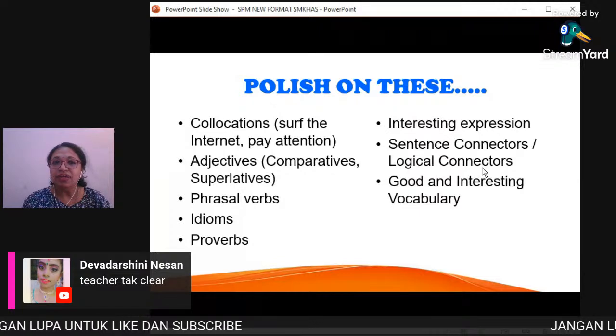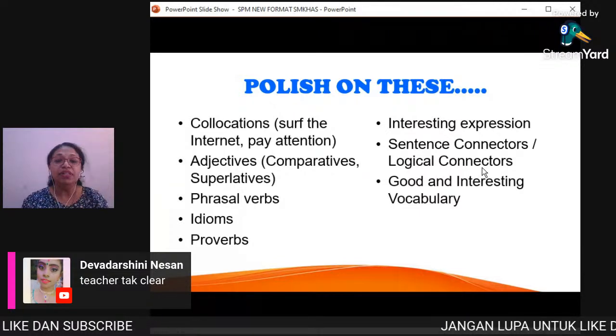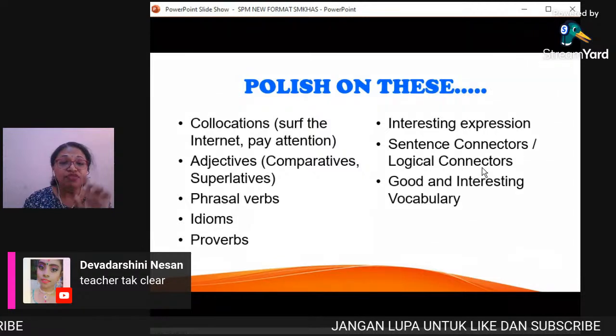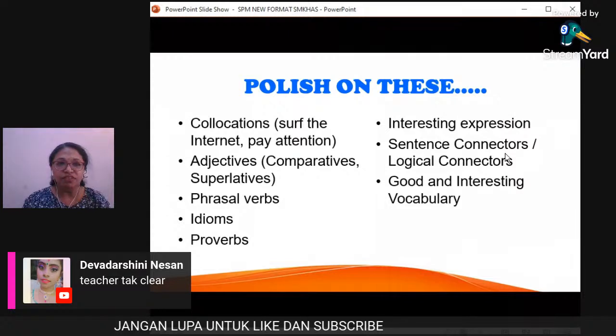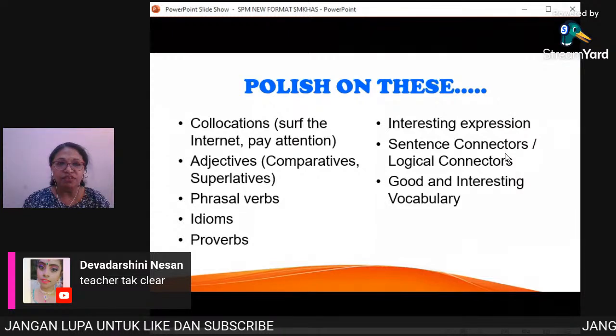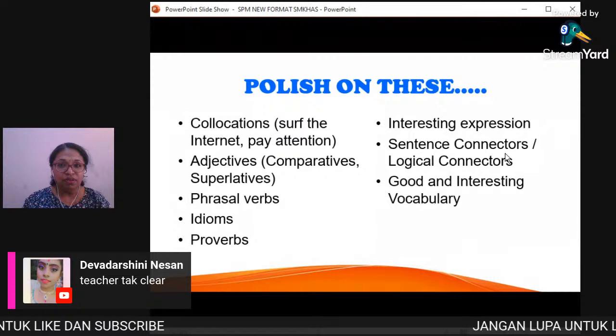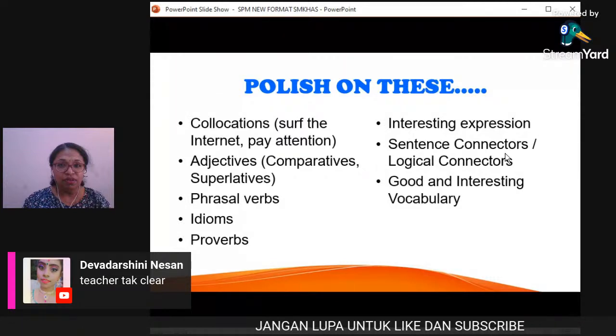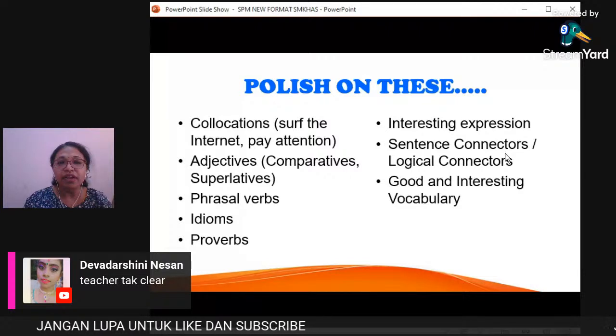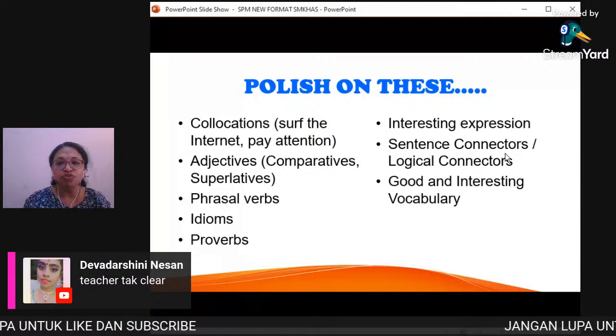Learn some good vocabularies. And then task logical connectors. Okay, task 1, the form is different. Task 2, a bit formal. Task 3, very formal. But if it is a story, you have to use story sentence connectors. Okay, writing a story is also not easy. You ask yourself, which one do you prefer? Is your advantage in writing a story, or writing, what do you call it, facts? You ask yourself.